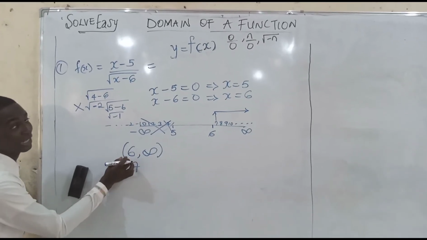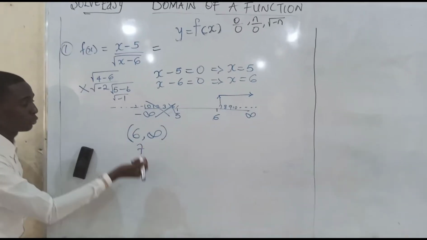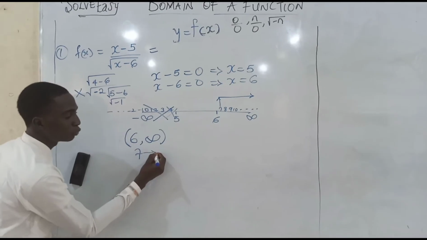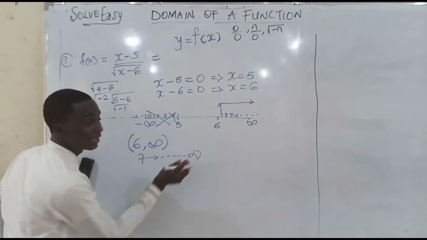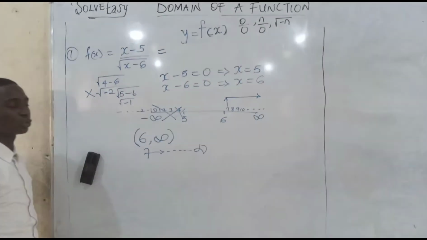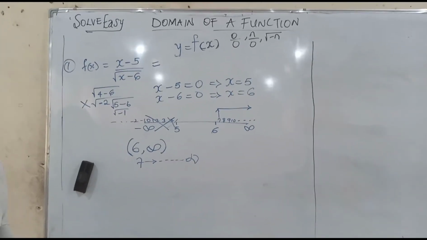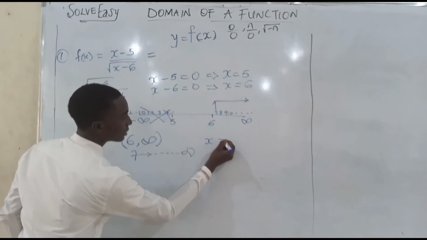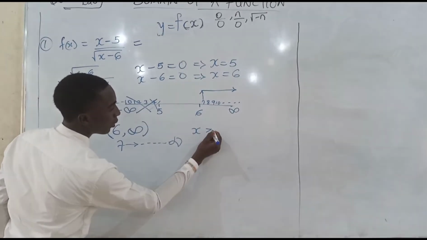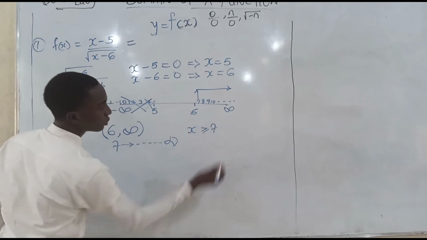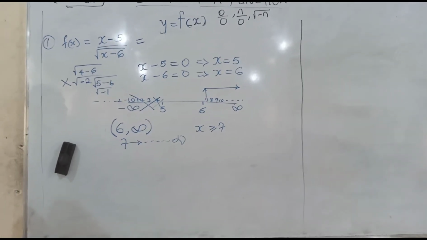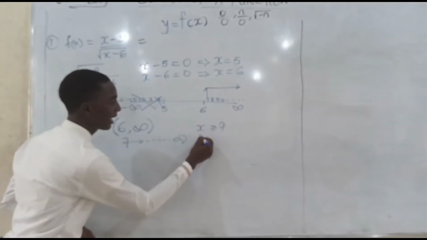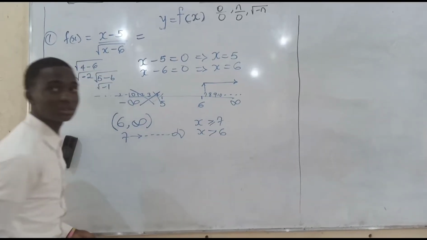So we use an open bracket to represent this, and we can't use a closed bracket for infinity. That is, the values here are 7 to infinity. So if we are to represent it in inequality, we say x is greater than or equal to 7. Or you can just say x is greater than 6.